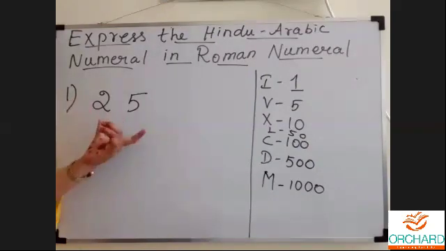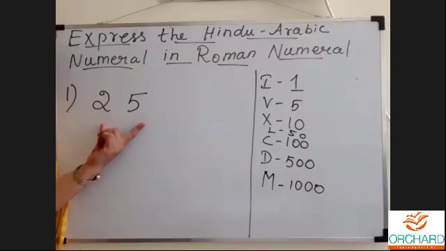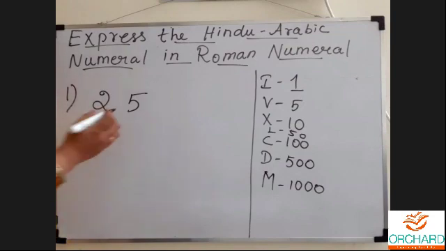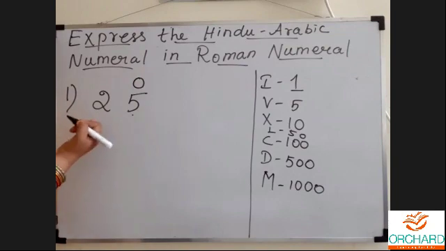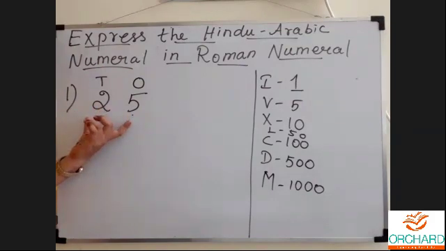So if it is given in the Hindu-Arabic numeral, what we have to do? We have to write the place value for the given number. Very good. So here 5 stands in the place of 1, 2 in the place of 10. Please listen once again. First write the place value for the given number.